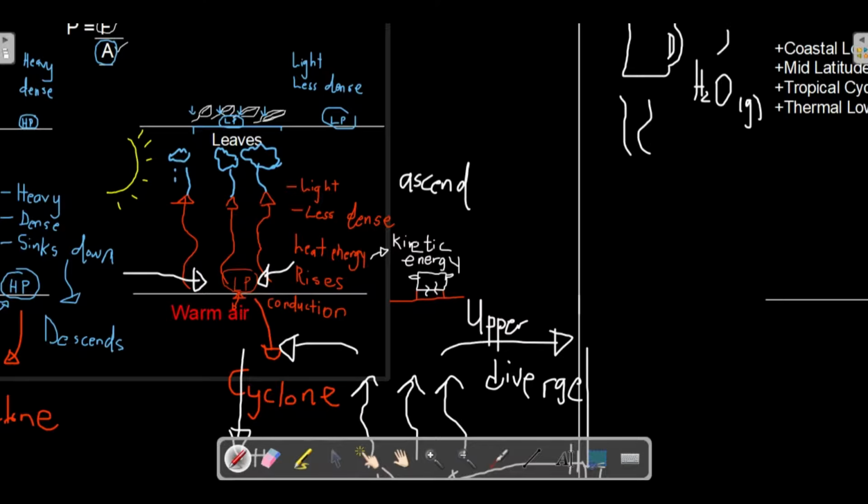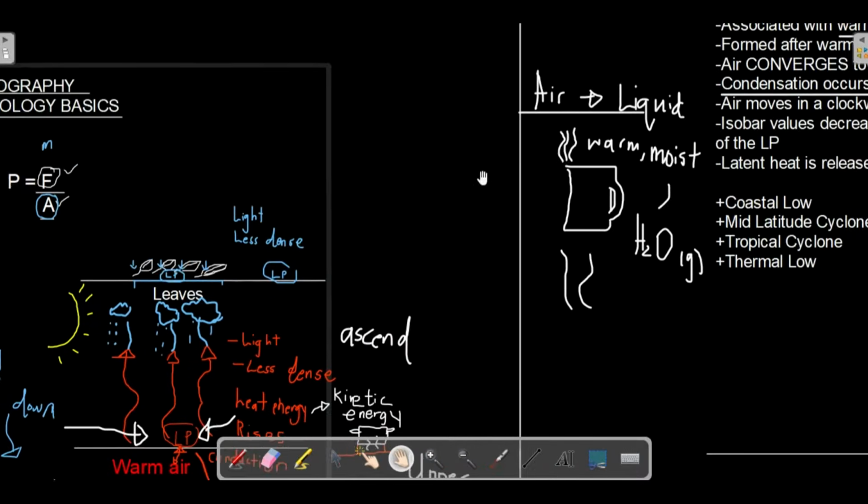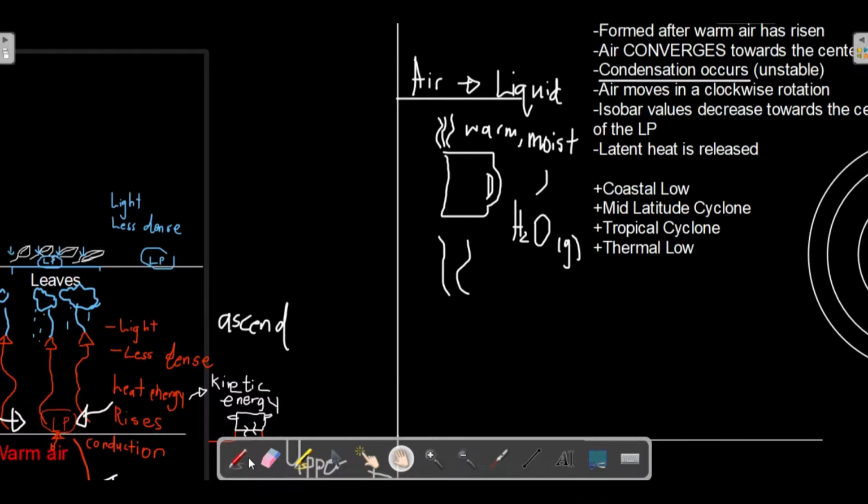And when there are sufficient water particles inside of these clouds, remember, clouds are made up of water particles, and when there are enough of them, they start falling down. Okay, so that's what happens even when you're using a kettle.